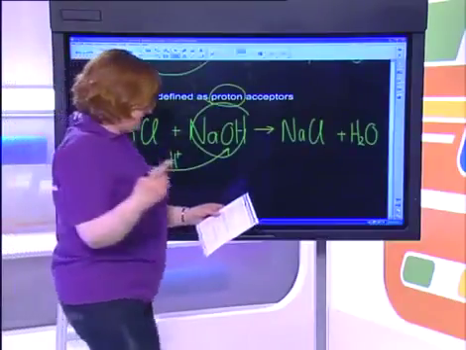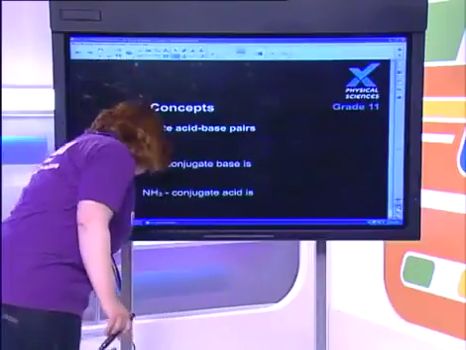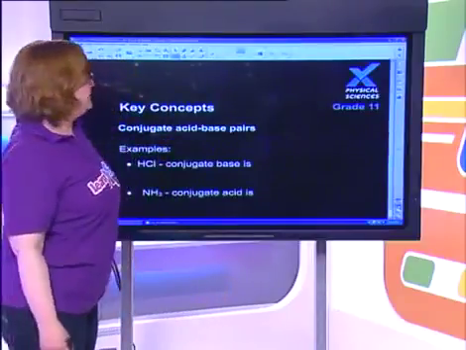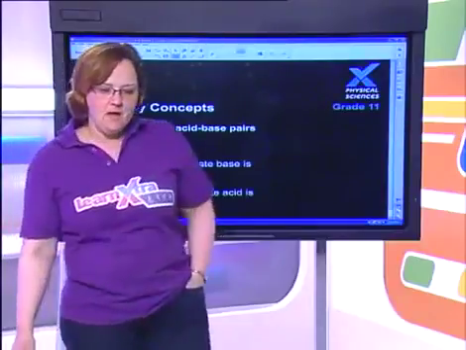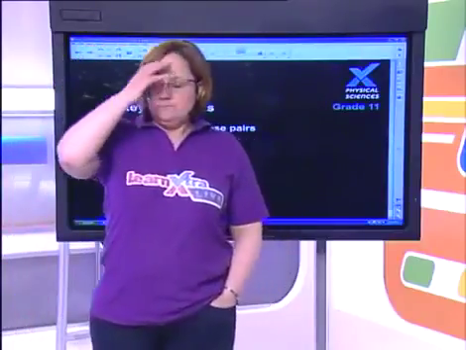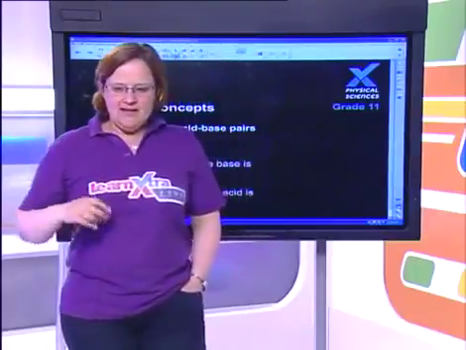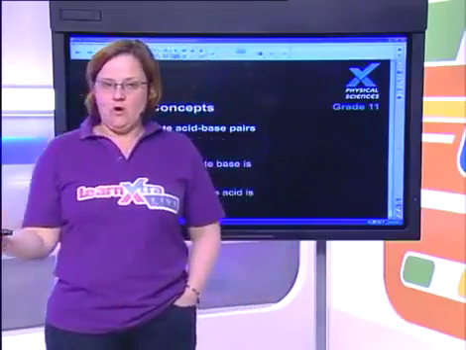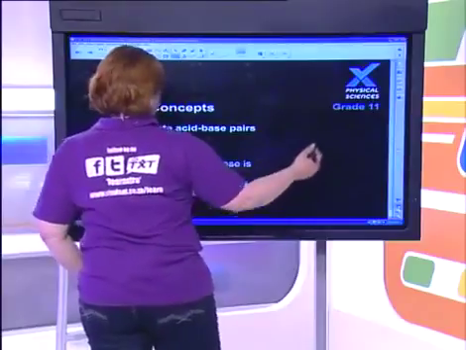Okay, but that leads us to a very important concept called the conjugate acid and base. If I have an acid and it gives away its hydrogens, it changes what it is. Okay? So, for example, and I've got a couple here.